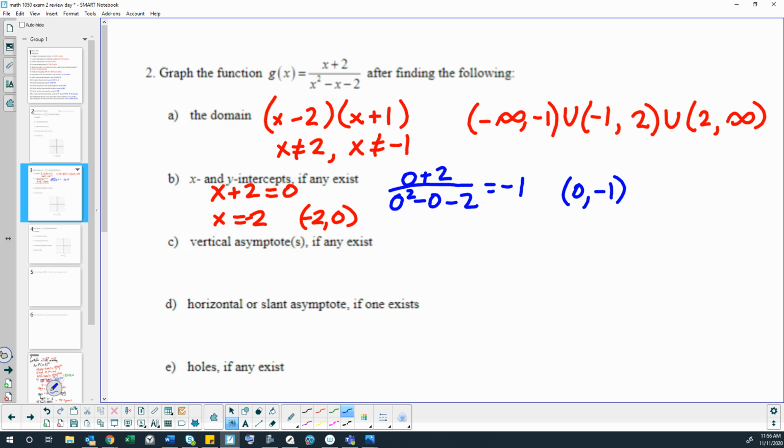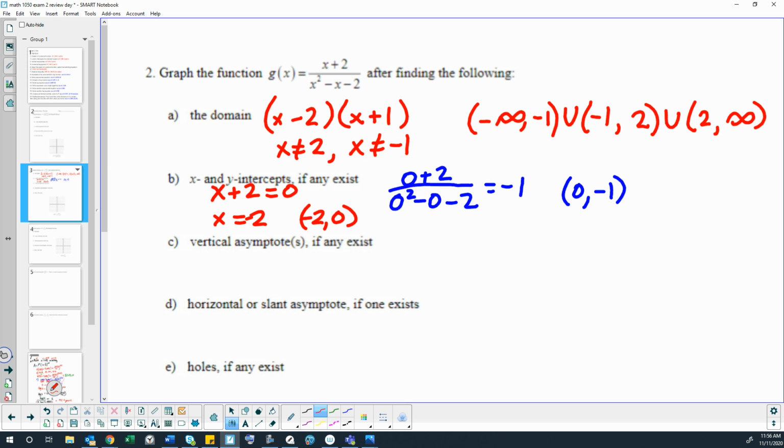All right, vertical asymptotes. Because we're doing the same problem for every step, we can go back to step 1 on what we did there and use that to help us do step C. But if this is an entirely different problem, of course you have to start over with your factor.